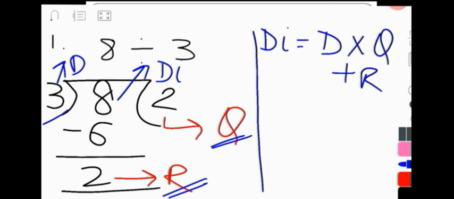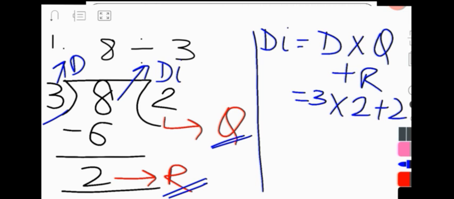Now we can put the digits in this formula. Divisor is 3, so 3 multiplied by 2, that is our quotient, plus 2, our remainder.